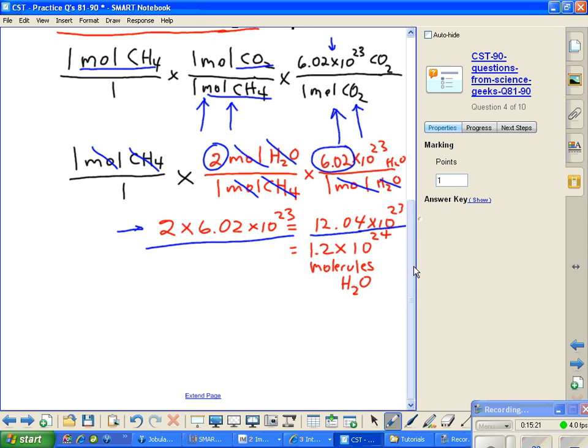Why is that? Because we move our decimal over here, we need one more power of 10 up here to get that back to where it belongs. We need one more positive to move it back. And our net result right here is the other answer that we wanted, and that's why letter D is the correct answer.